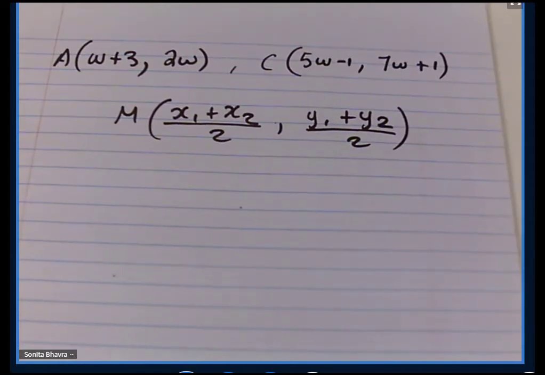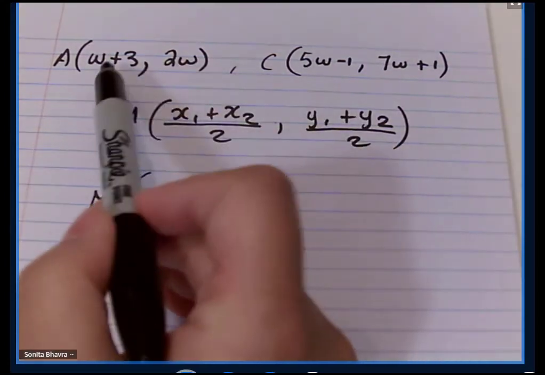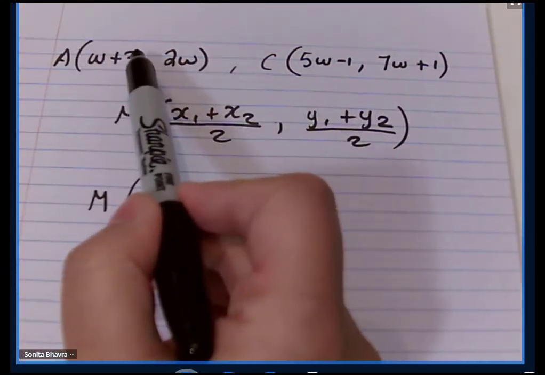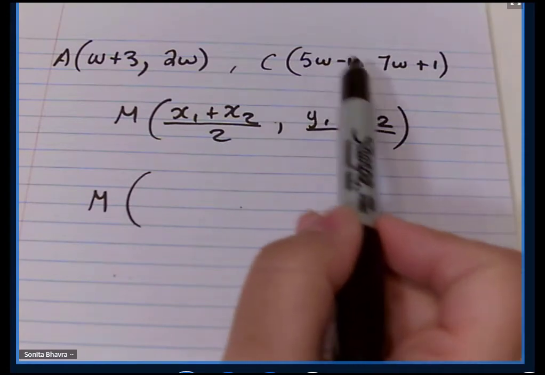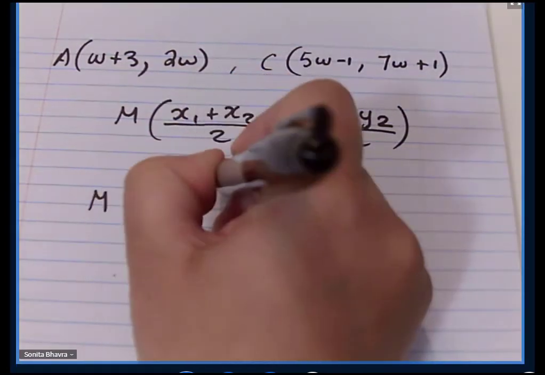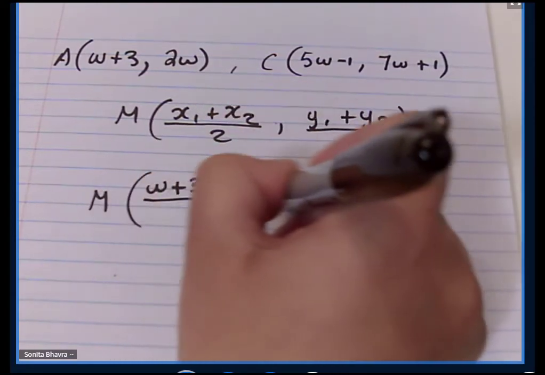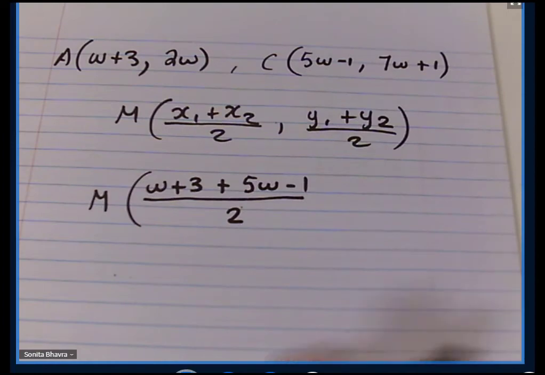All right, so let's add up our x values together. So x1, that's w plus 3 plus 5w minus 1, and it's divided by 2.